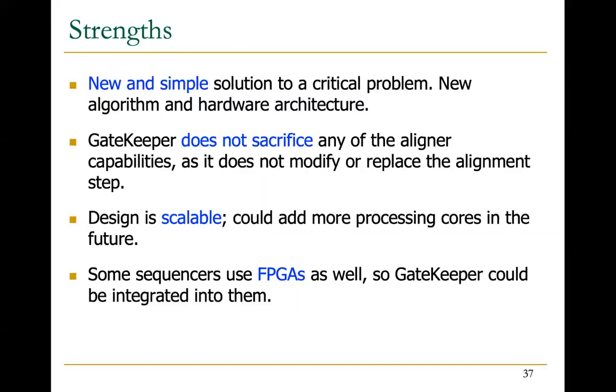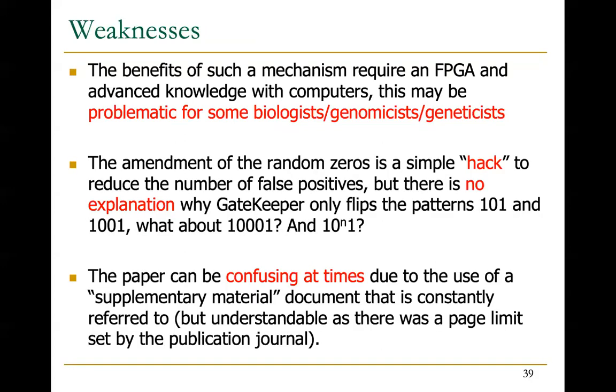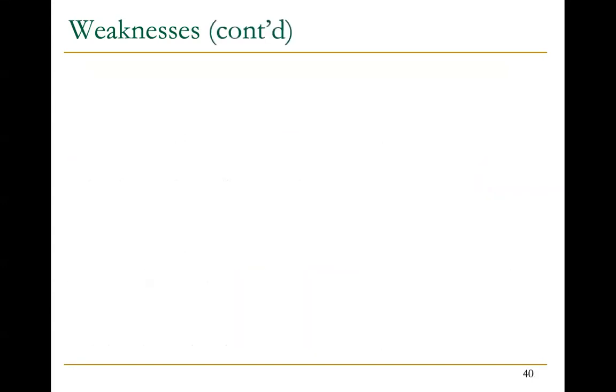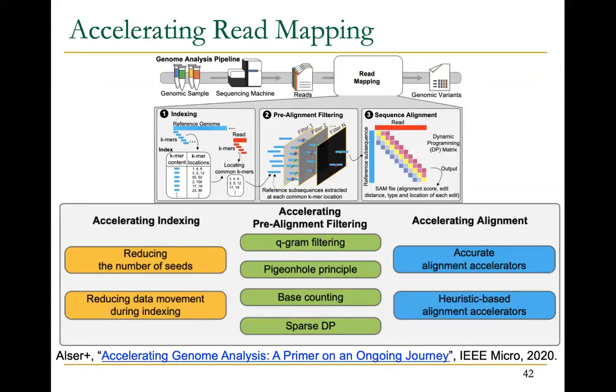As for the strengths and weaknesses, I will leave it to you to go through the slides and try to extract them. I would like to mention something very important. These are the papers I mentioned when I started the lecture about accelerating genome analysis, where we have not only pre-alignment filtering, but list all the works on indexing, seeding, pre-alignment filtering, and sequence alignment.